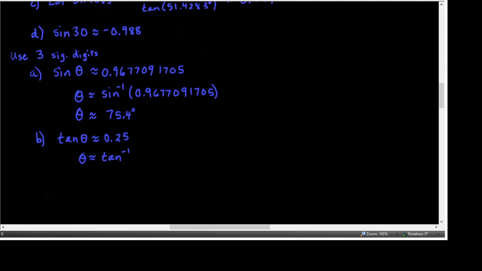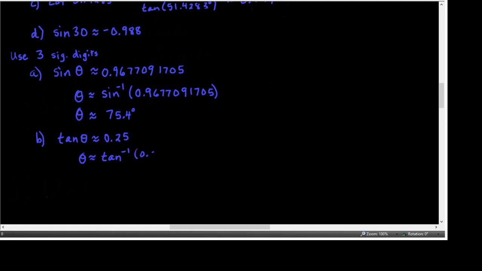Did you find that on your calculator, by the way? Usually you hit a second or alt or some other thing that allows you to access the things written above the button. And so like second sine on most calculators gives you sine inverse, and second tangent gives you tangent inverse.